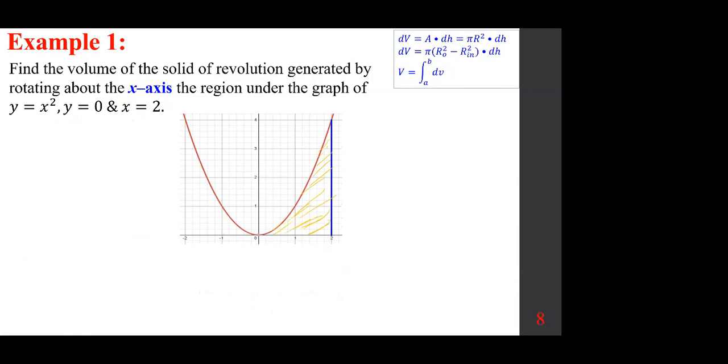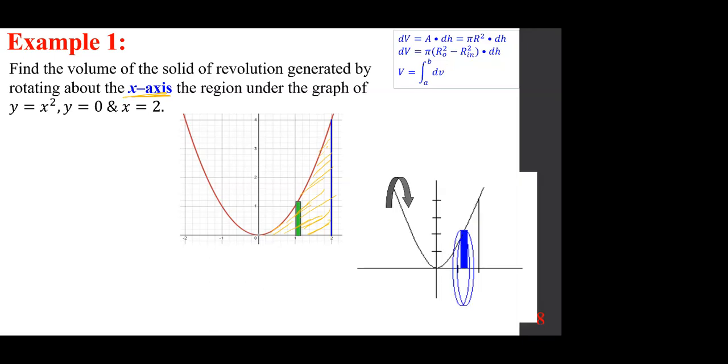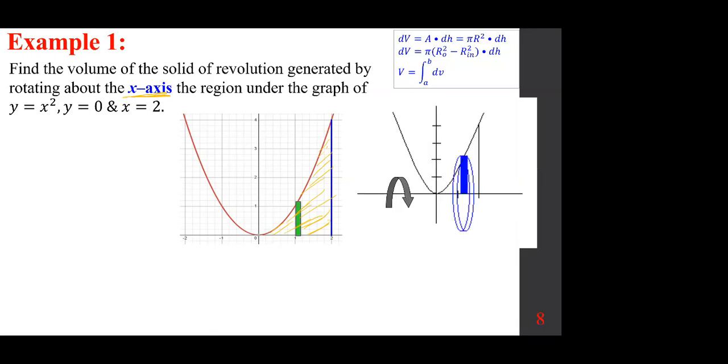And what is it that we want to do? Okay, we want to revolve this about the x-axis. So just to give you an idea, class, this is a typical strip. We want to revolve it this way, and that strip looks like this.